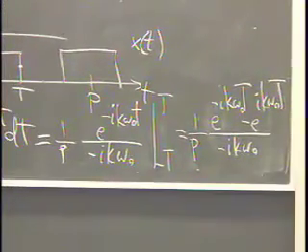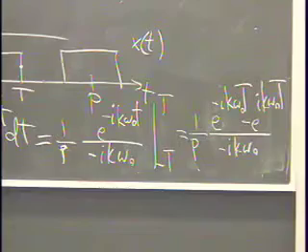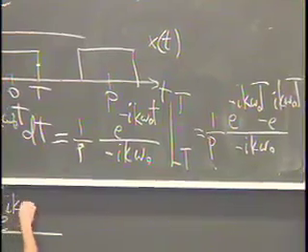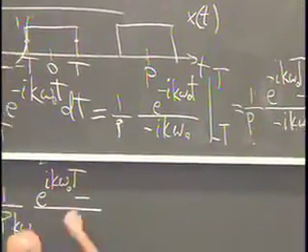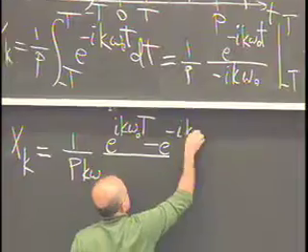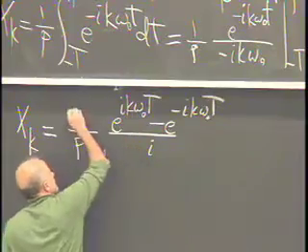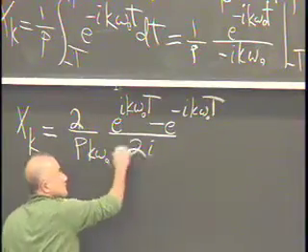I'll have 1 over p, I've got k omega naught, and then I've got e to the I k omega naught t minus e to the minus I k omega naught t. I have a difference of two complex exponentials. And I multiply the numerator by 2 and the denominator by 2.